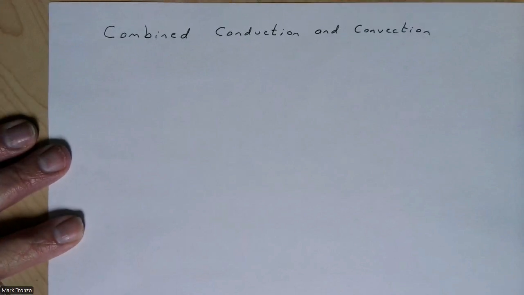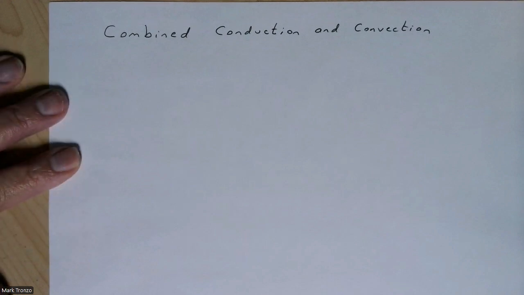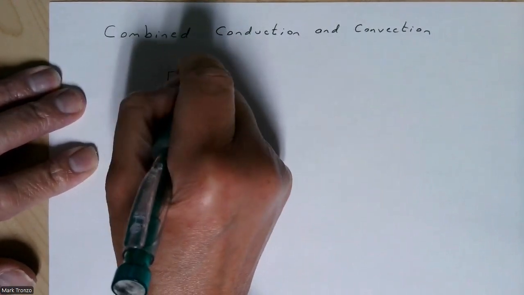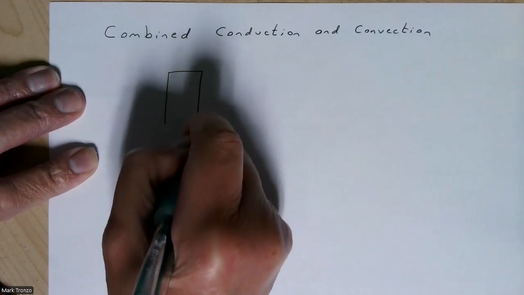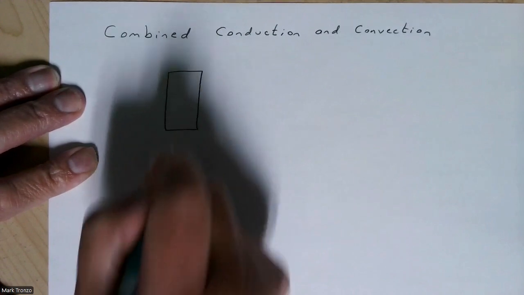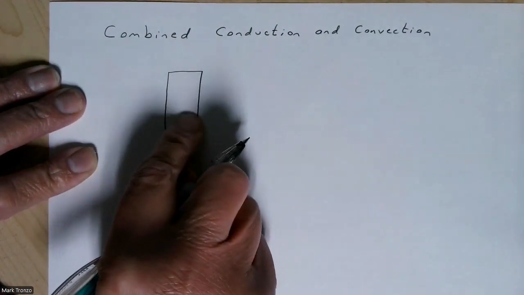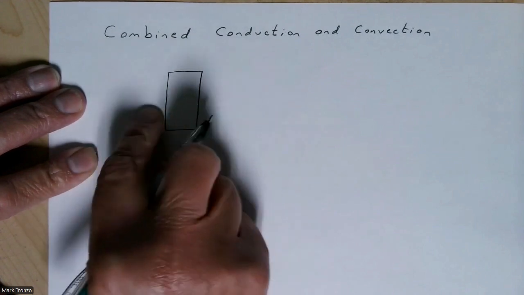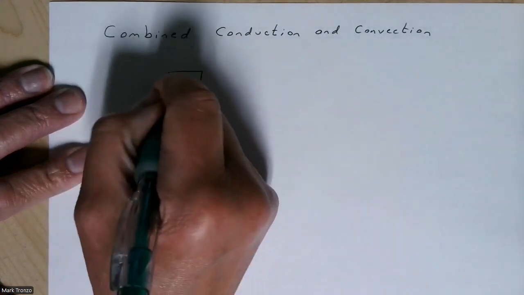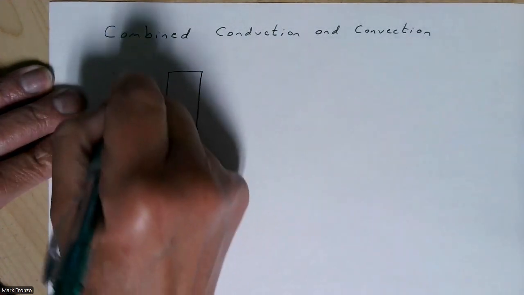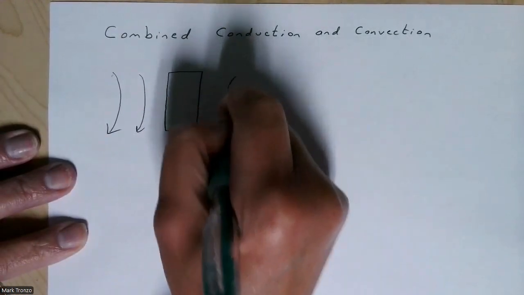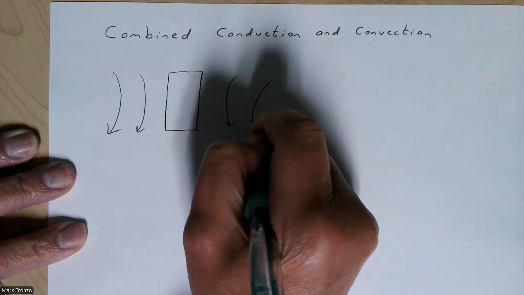Next, we're going to look at combined conduction and convection. We've looked at conduction, looked at convection, but sometimes we may have a case where we have, say, something like this. We have maybe some kind of medium here, and your heat transfers through this by conduction, but then also we may have convection, maybe out here, and maybe convection out here.